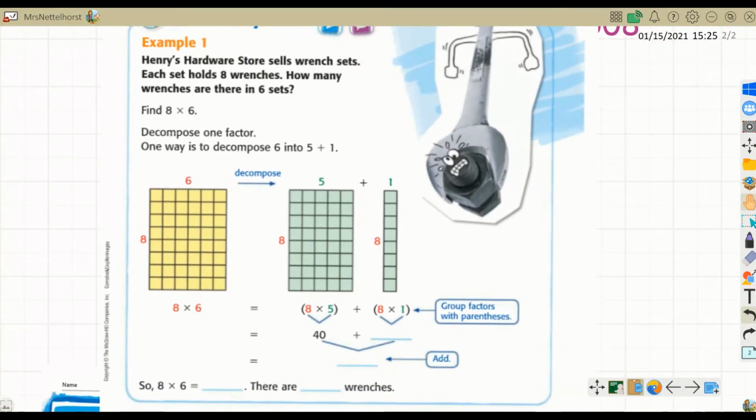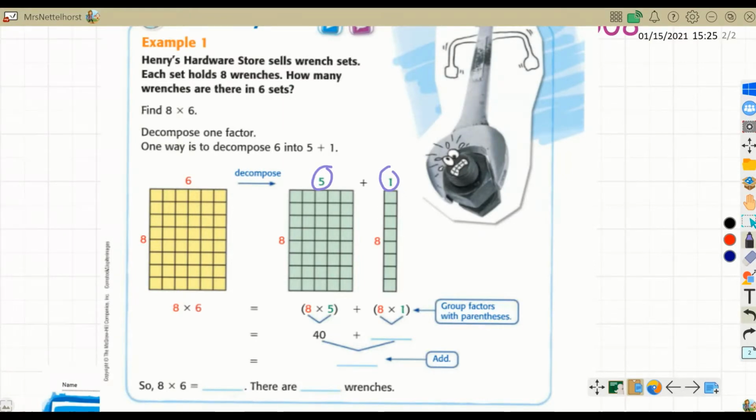One way is to decompose 6 into 5 plus 1. Now, in my last video, remember I said that it's easier to decompose numbers into your friendly numbers. Friendly numbers are the 1s, the 2s, the 5s, and the 10s because we know how to skip count by those. Handily, 6 decomposes into 5 and 1, 2 friendly numbers. So that makes life easier.